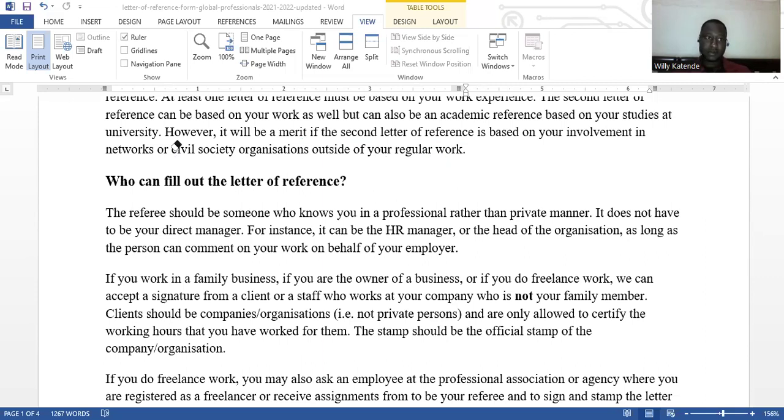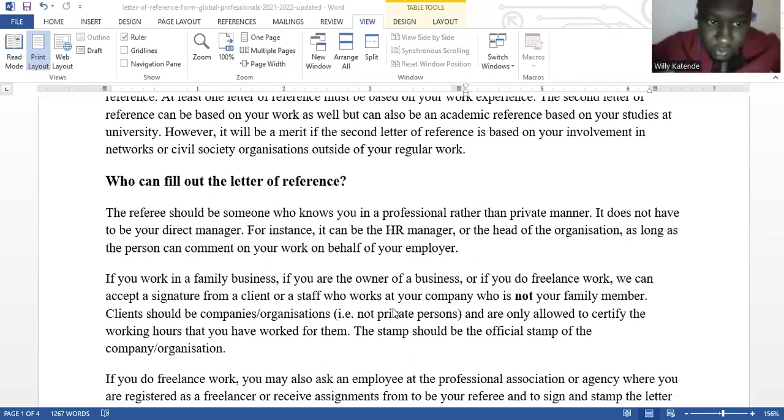And here they are saying also who can fill out the letter of reference. The referee should be someone who knows you in a professional rather than a private manner. It does not have to be your direct manager. For instance, it can be the HR manager or the head of the organization, as long as the person can comment on your work on behalf of your employer.